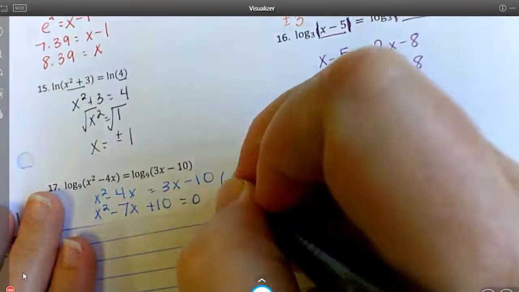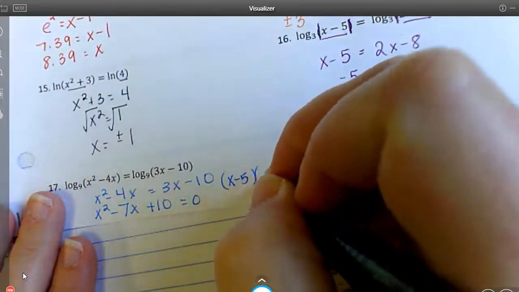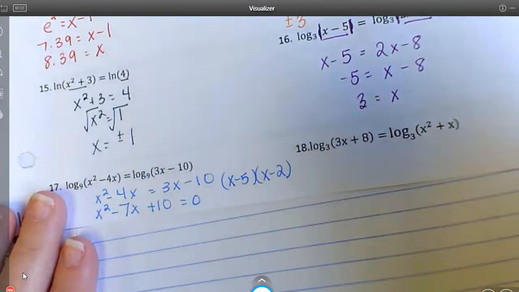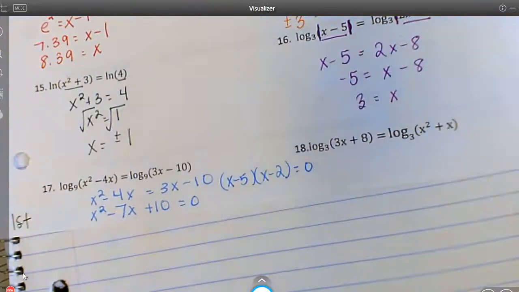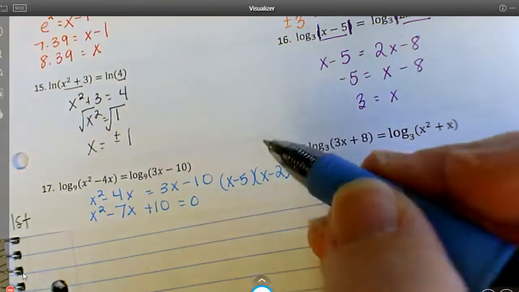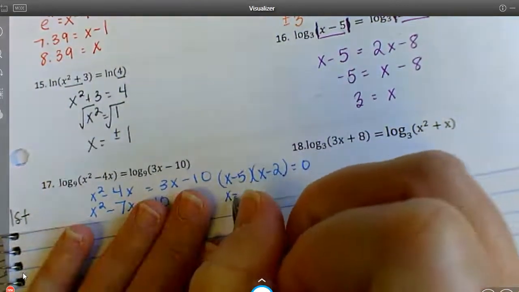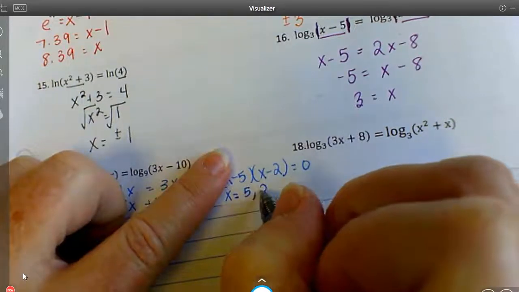That would be 5 and 2. Both of them will be negative to make that negative 7. After you get those two answers, you set it equal to 0 and solve. So what would our answers be? X equals 5 and 2.